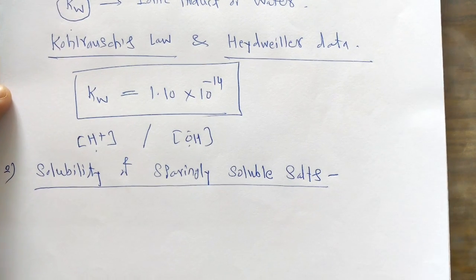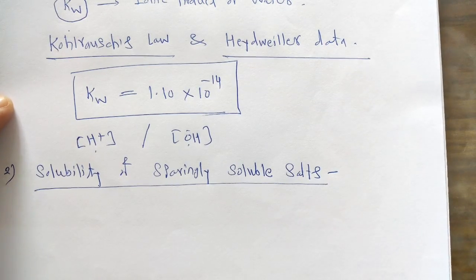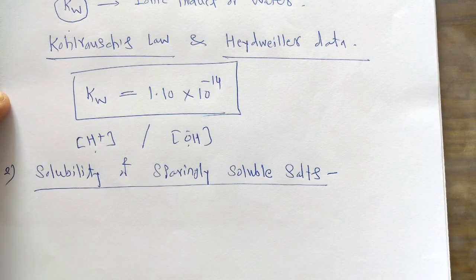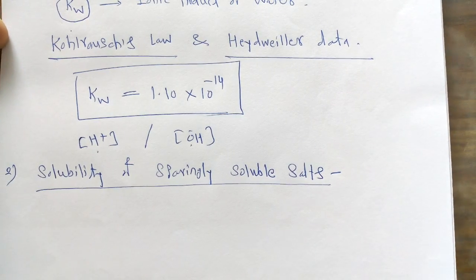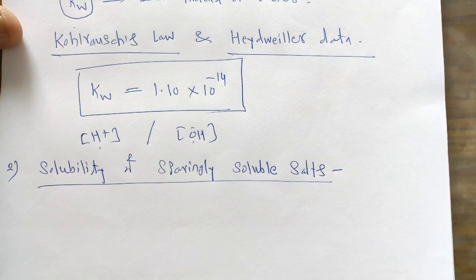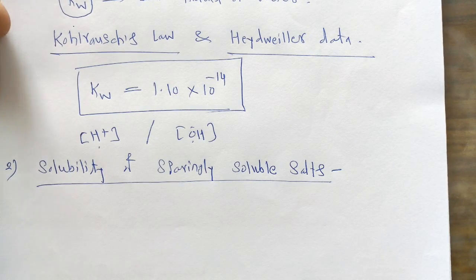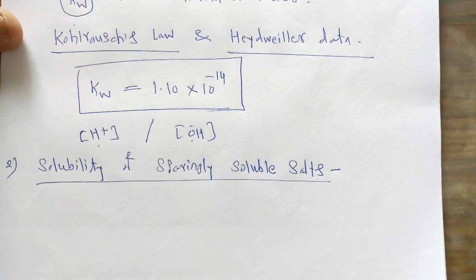Now, we know that if a salt is sparingly soluble, then it cannot be ionized 100%, but has somewhat partial ionization in the aqueous solution. Or we can say that if we take the aqueous solution of a sparingly soluble salt, it gives somewhat partial ionization of the salt.